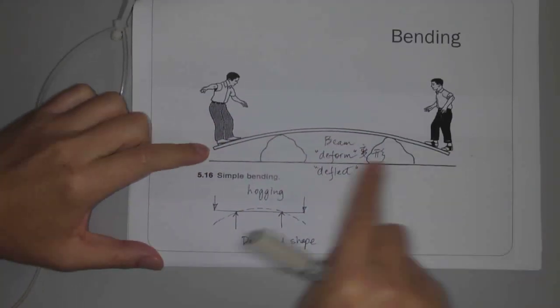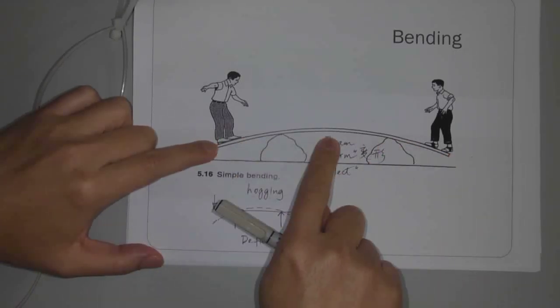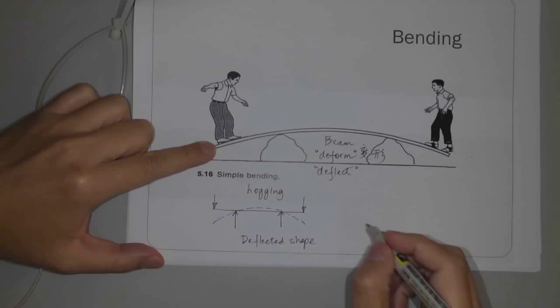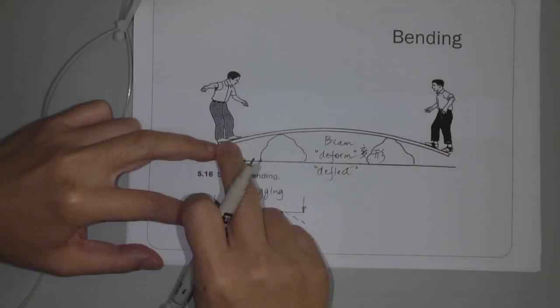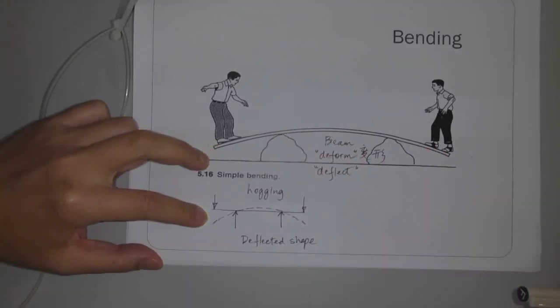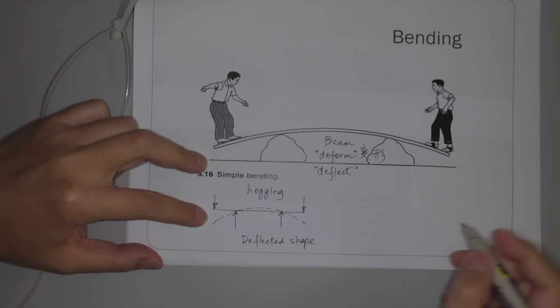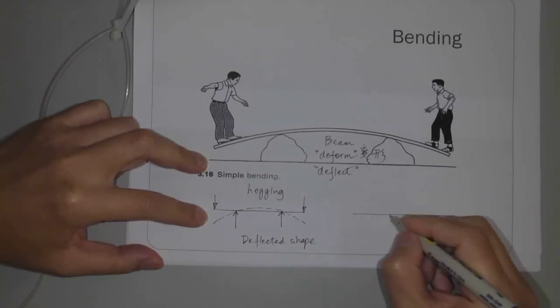How does it deflect? Can you sketch the deflected shape again? If these two loads move to the center, then how does this beam deflect or bend?